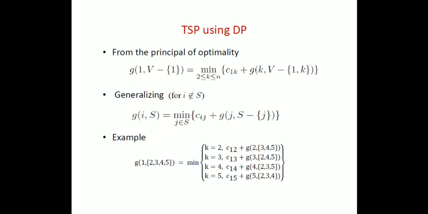Also i does not belong to S, since g(i, S) is finding a path from i to vertices in S. Therefore, i cannot be in S, as self loops are not permitted.